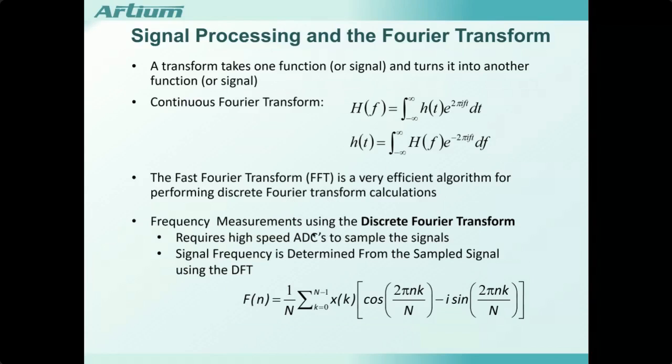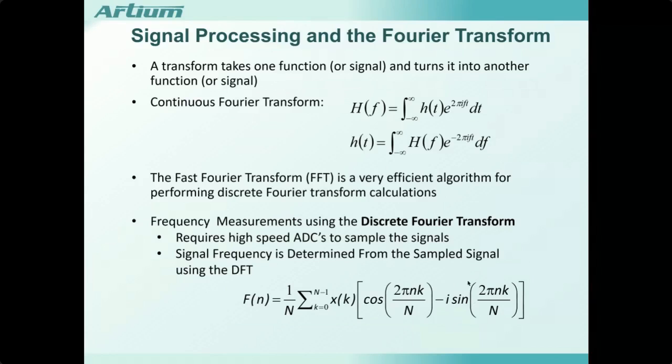For frequency measurements, because we're using analog to digital converters to sample a continuous signal, we're essentially discretizing the signal. We're taking it in little slices, albeit at a very high speed. So in fact, what we're doing is using the discrete Fourier transform to make a replica of the signals, and then the signal frequency is determined from the sampled signal using the discrete Fourier transform shown here.